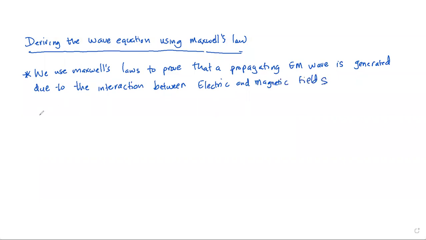In order to derive the fact that an electromagnetic wave is generated, we need to make some assumptions.